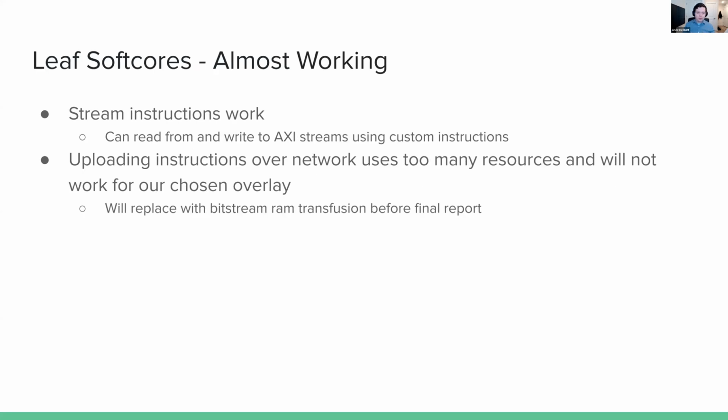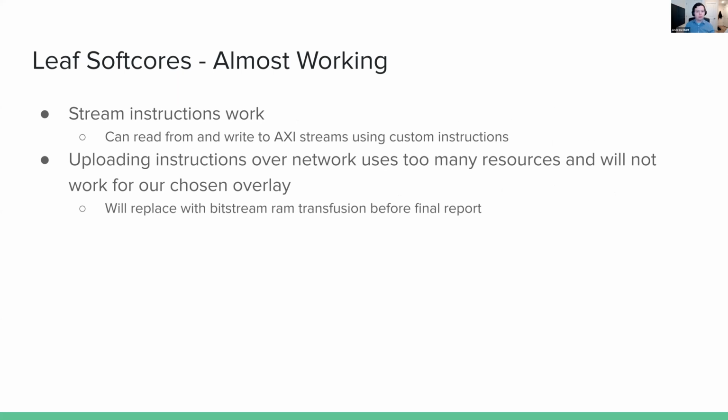On our leaf soft cores, we were hoping that we were going to have this fully working at this point, but unfortunately it's not 100% done, although we're confident it'll be done before the final report. So our stream instructions work. We have these custom instructions, and we're able to read and write from AXI streams reliably.